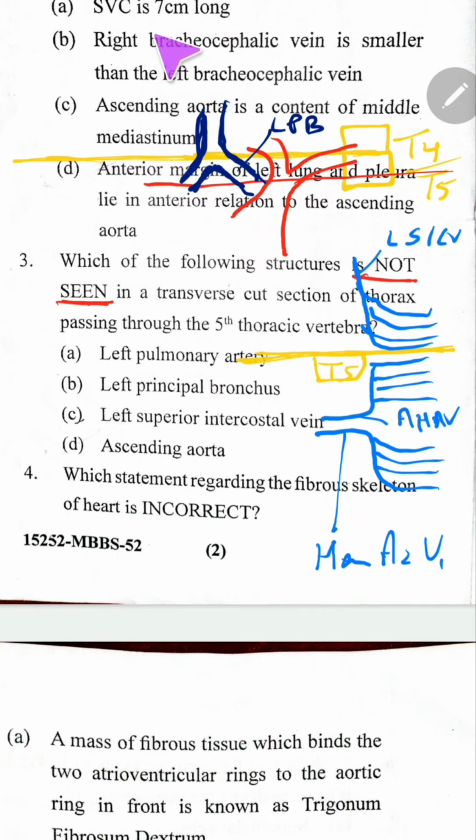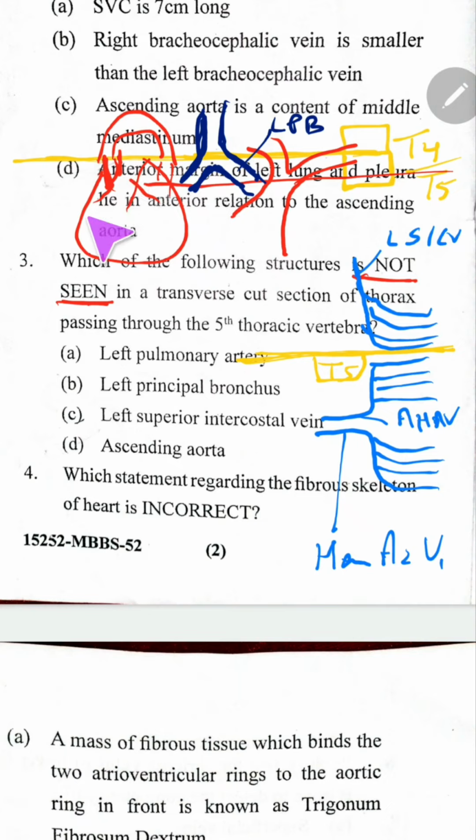Okay. Ascending aorta. Now ascending aorta, I just told you that you have this heart placed here. Pulmonary trunk I have already shown you. Ascending aorta begins here below and then it continues as arch and then thoracic aorta. So actually ascending aorta terminates at this level of sternal angle and it is completely a structure of middle mediastinum, right?